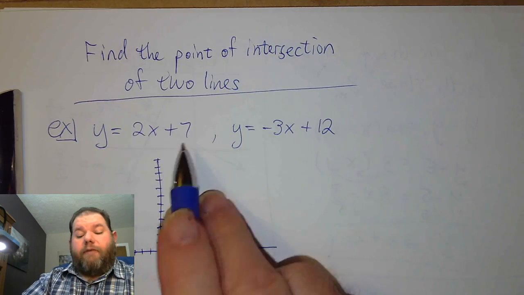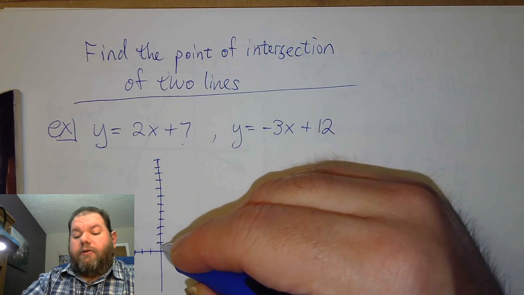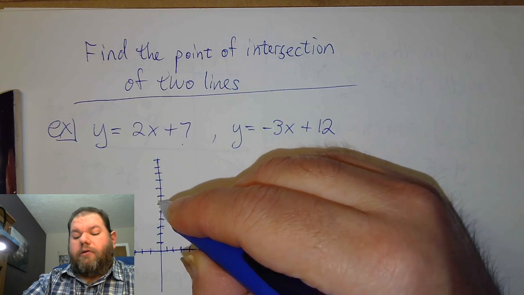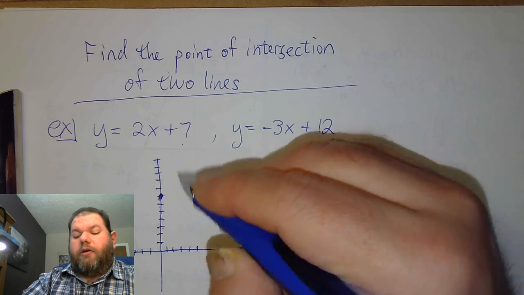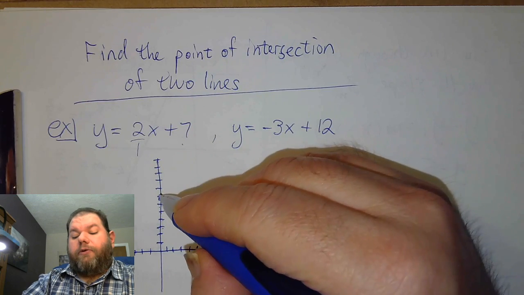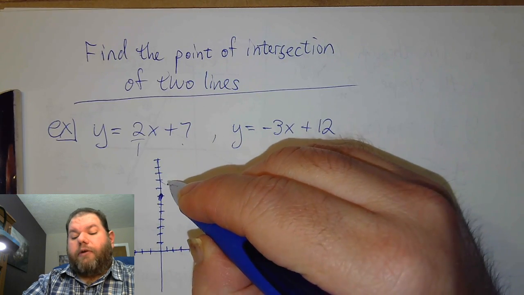So 2x plus 7, we know that starts at 7. So we go 7 up. And then our slope is 2 over 1, so we go up 2 and then 1 to the right.